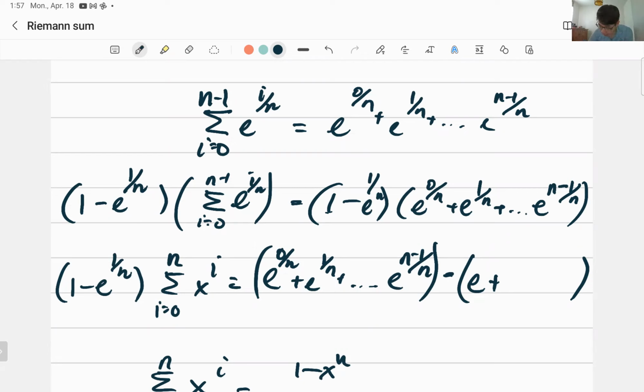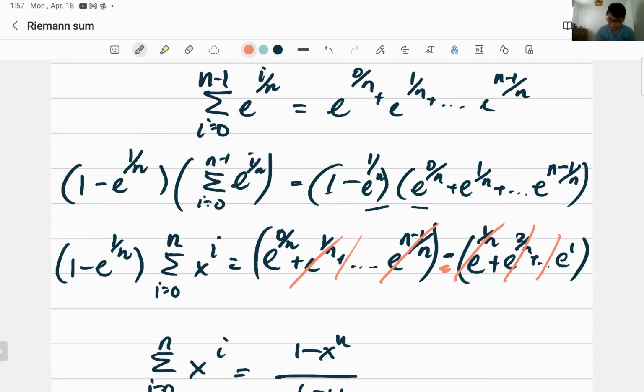So this one times this one, then I got like 1 over n here, right? E to the power 2 over n plus dot dot dot to e to the power n over n. So that means 1. All right, so now I can cancel everything out. Of course, this one out because of the minus right here. So this one out, the other one out, the 2 out also.